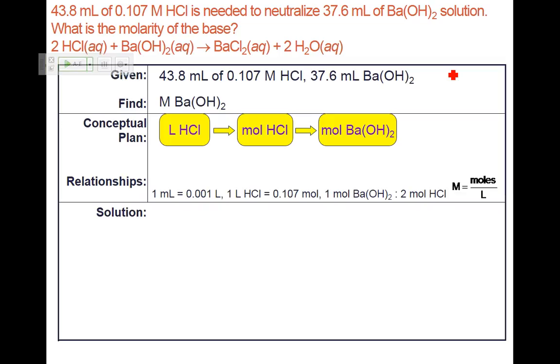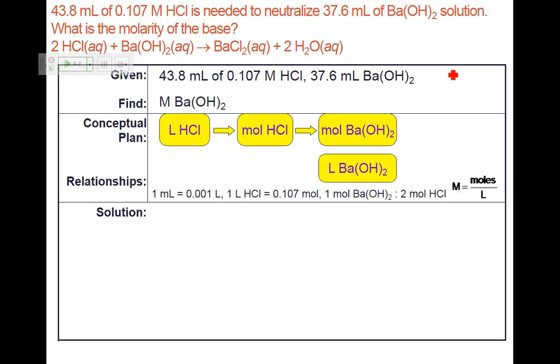So once I know my moles, I have my relationship between how many moles of HCl I need for every mole of barium hydroxide based on my reaction. So I can figure out my moles of Ba(OH)2 that I had present, because that's how much HCl I needed to react with it.